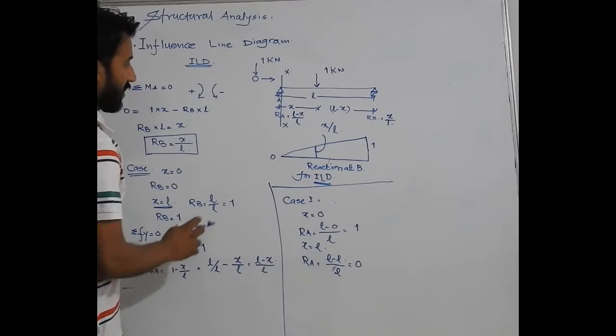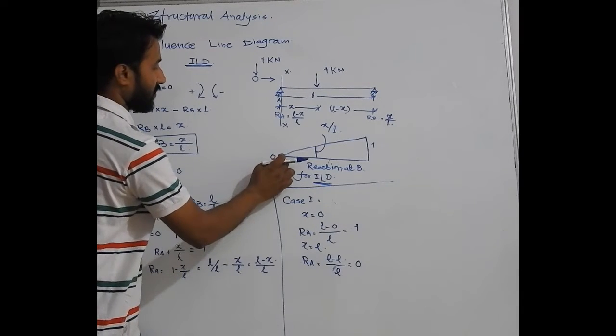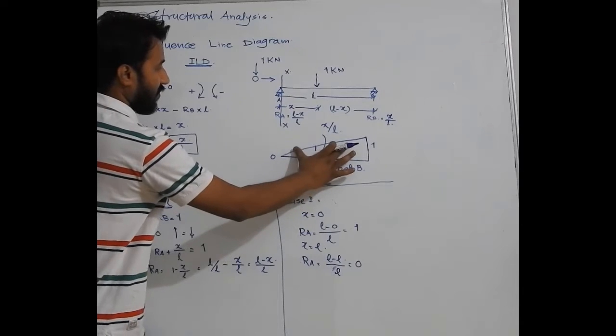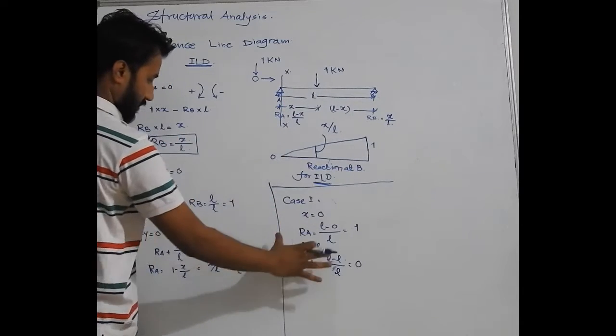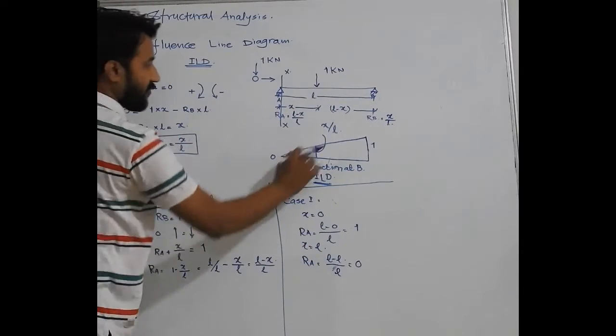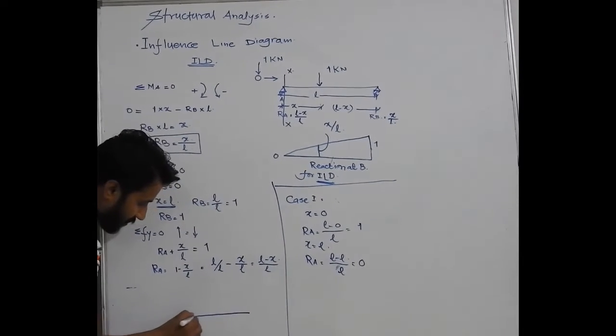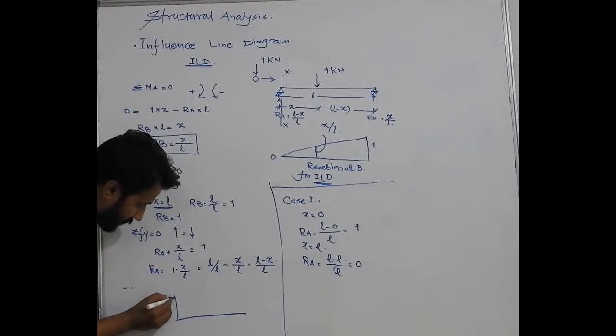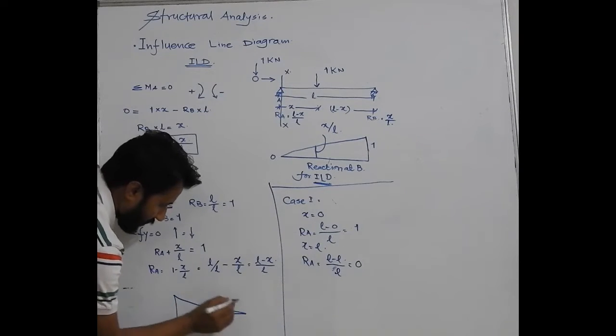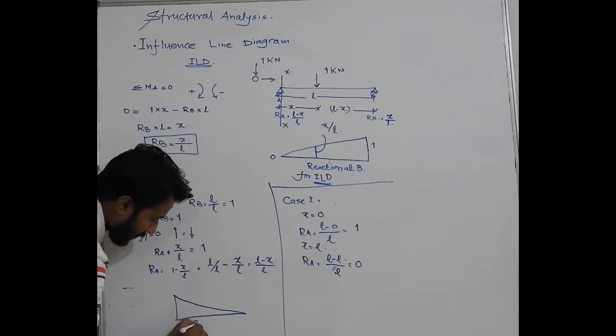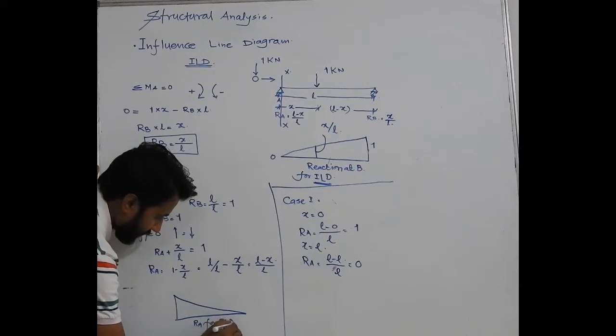So for the sake of understanding, we will draw the reaction at A similar to this one. Due to the lack of space, I am drawing the diagram over here. This is the reaction at A for the influence line diagram.